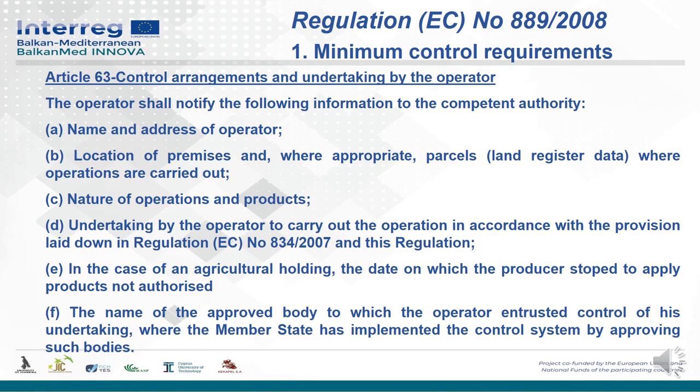In the case of an agricultural holding, the date on which the producer stopped to apply products not authorized in organic farming or organic production; the name of the approved body to which the operator entrusted control of his undertaking, where the member state has implemented the control system by approving such bodies.